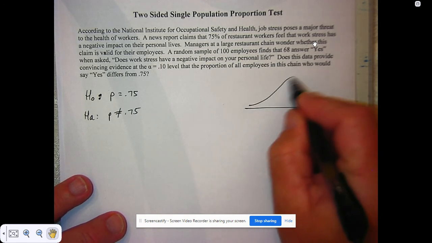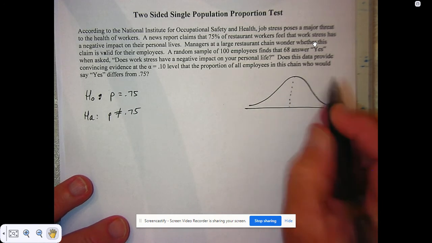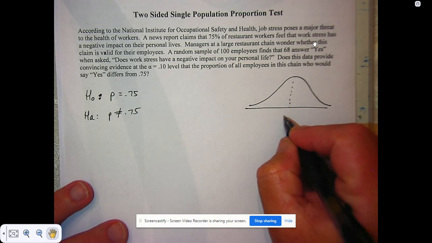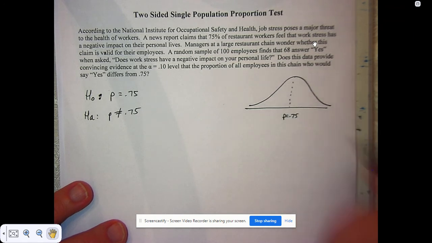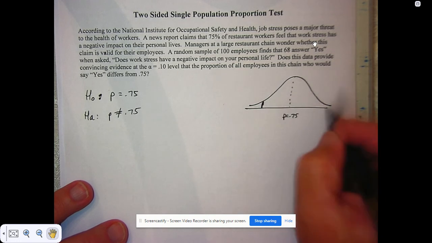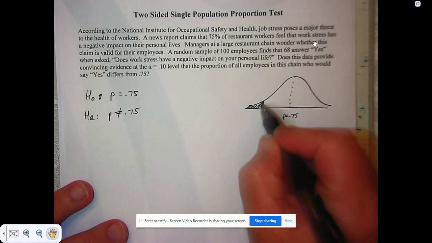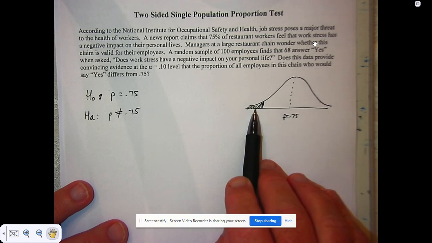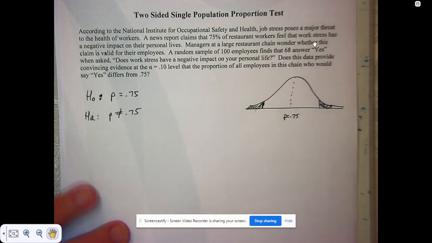Just real quickly, if the actual P proportion is 0.75, and we're thinking that it could differ from that, then we could have a sample statistic that ends up way over here, way less than, or we could end up with a sample statistic way over here that it's way more than 0.75.